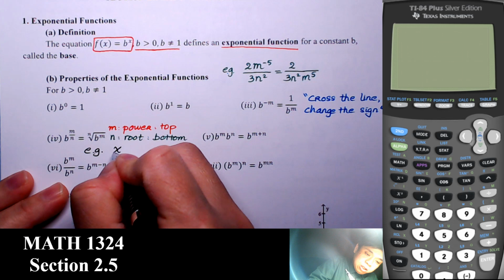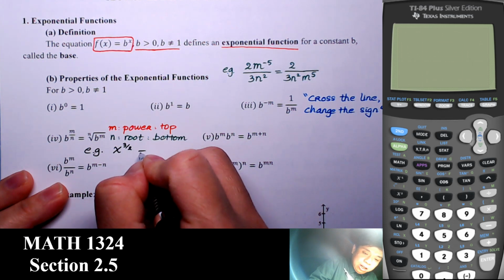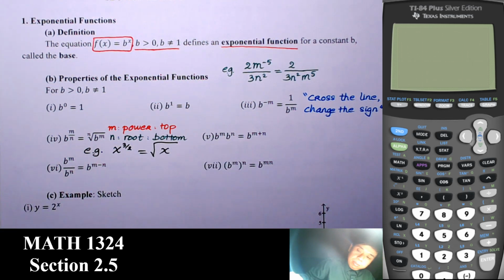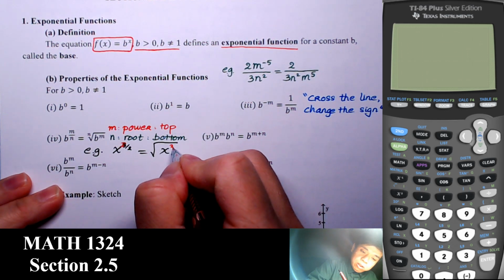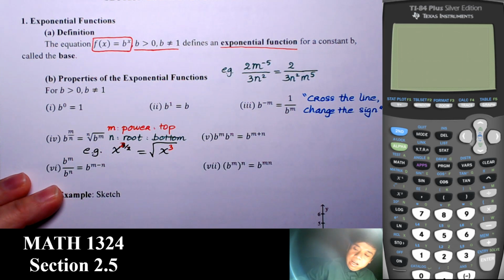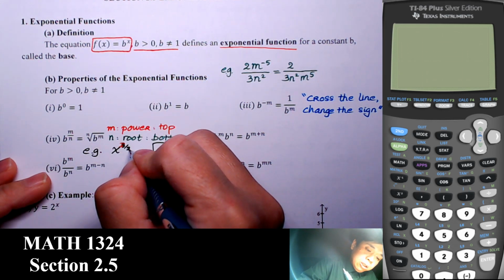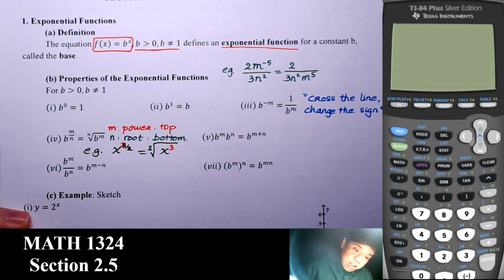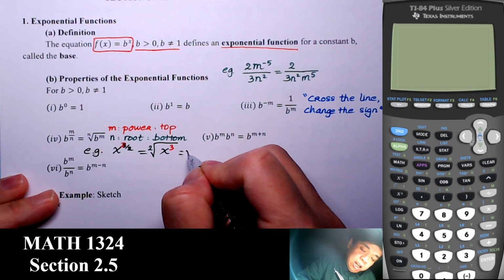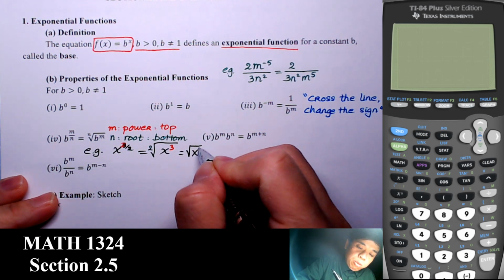If we have x to the 3/2, that means the 3 at the top will be the power, the 2 at the bottom will be the root. So that's what we have. And of course, for the square root, we don't really need to write the 2 there, so we just say the square root of x cubed.